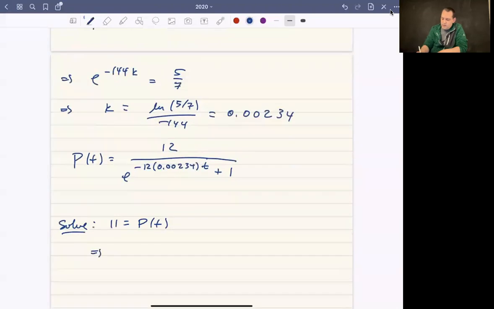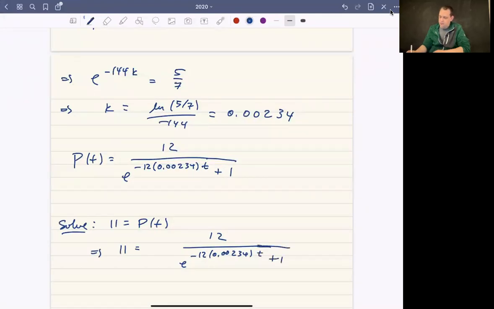So 11 is 12 over this mess, negative 12 times 0.00234 t plus 1. I want to make sure that I'm doing this right. Yeah, everything's fine. Okay, so we're going to solve that for t.